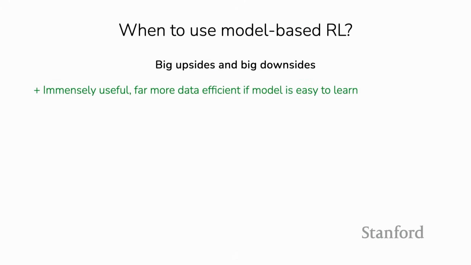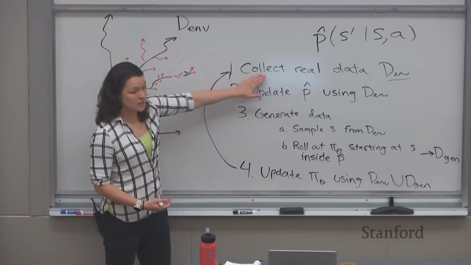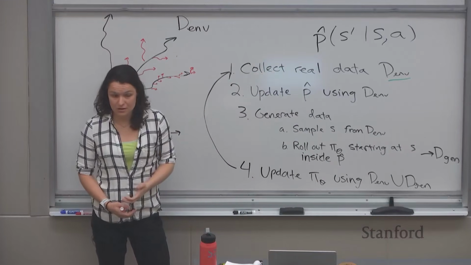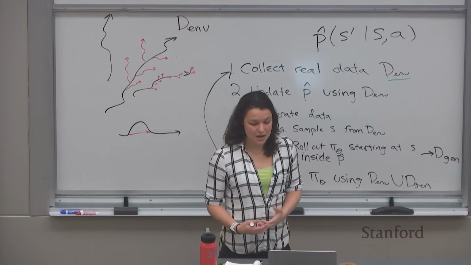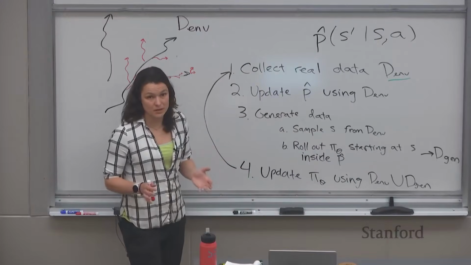The big upside is that if you can learn a pretty good model, then it is immensely useful to be able to predict the future. You can get away with using far, far less real data by using the data that's generated. So in domains where it's feasible to learn a model, it's really useful. You could also do test time planning as well.